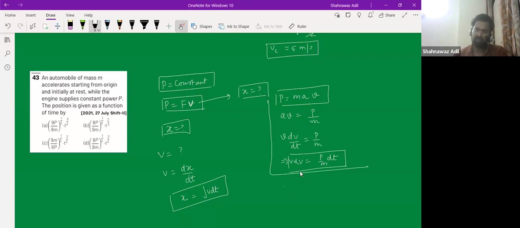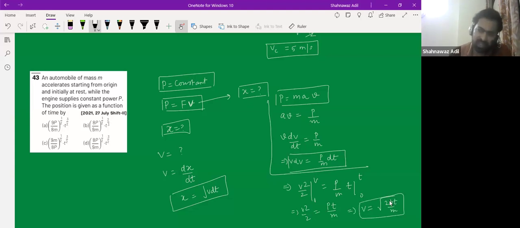So this is simply v square by 2 from 0 to v, and this is p by m, that is constant, and this would be simply t from 0 to t. So v squared by 2 is pt by m. So your v is simply root of 2pt by m. That is your v. And then you have to integrate this thing again.